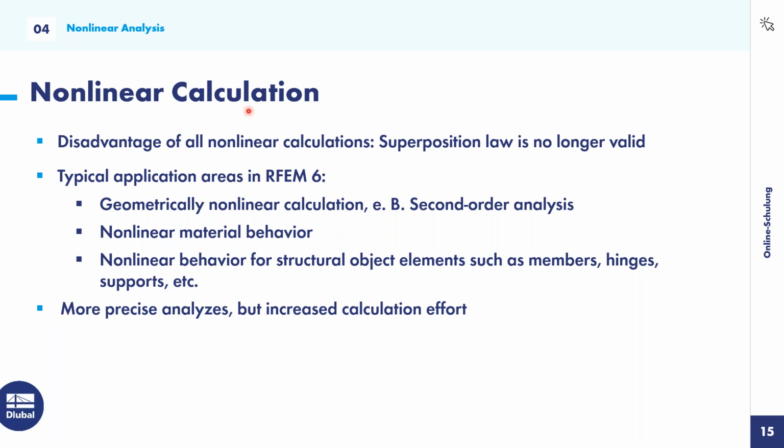And the disadvantage is that the superposition law is no longer valid. This means when I want to combine different load cases or load combinations, and I have some nonlinear effects like tension members, something like that, then this is not possible or should be avoided.